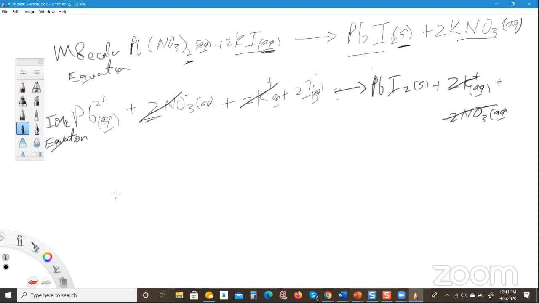So therefore, we simply write down what is left, which would be the net ionic equation.